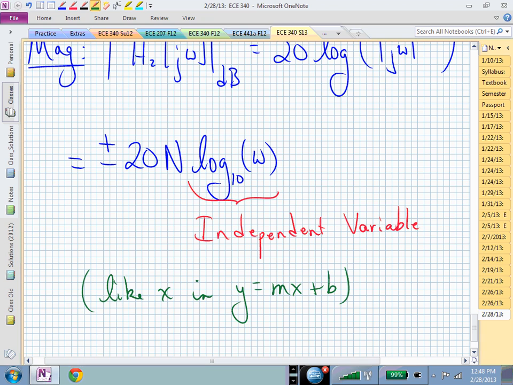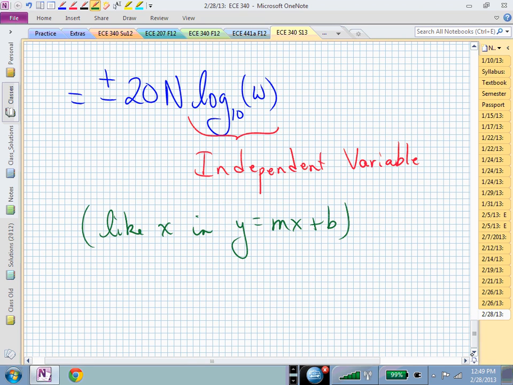This is just a straight line. Whether it's going up from left to right or down from left to right is determined by whether we are starting with zeros or poles at the origin. What we now have then is a straight line.